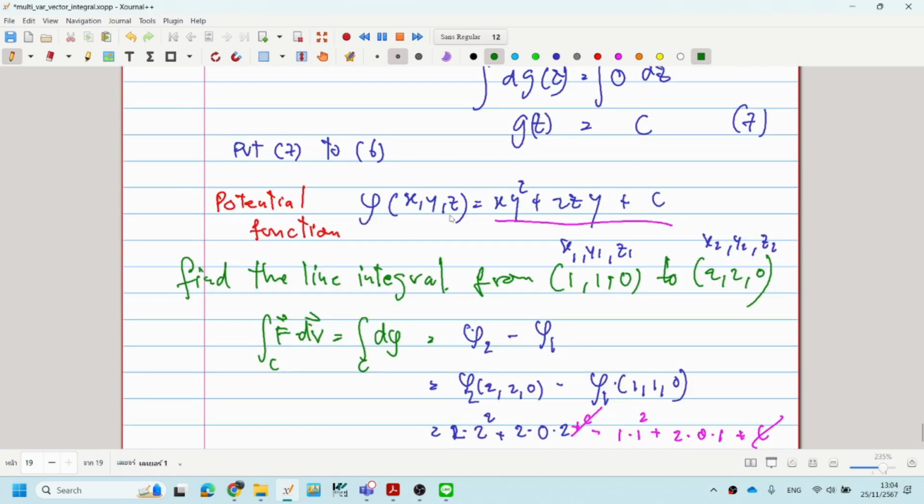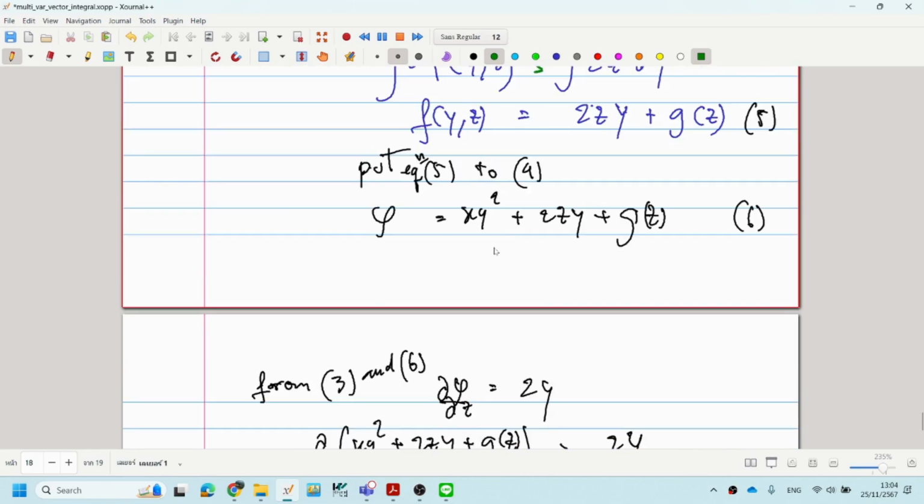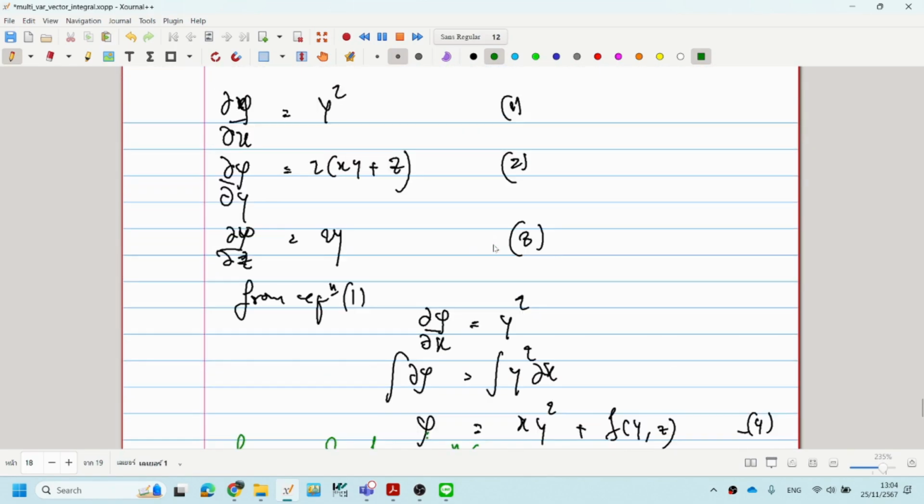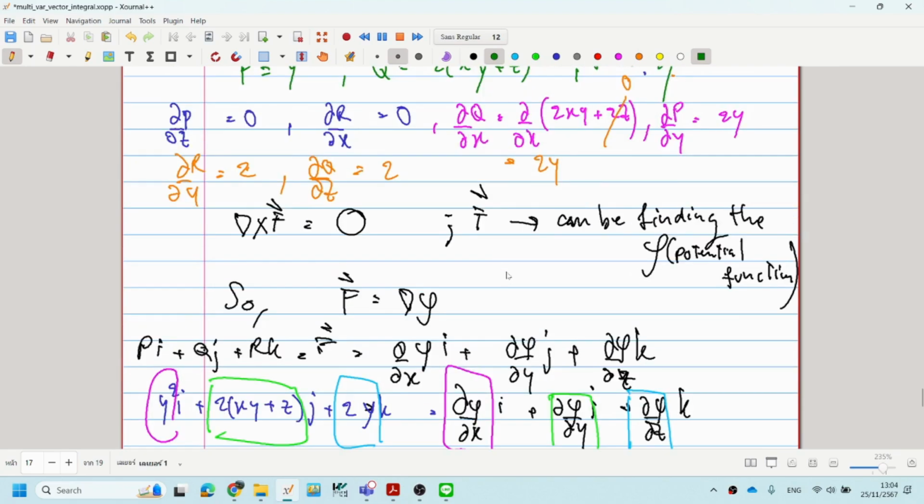After you prove del cross F equals 0, and the curve vector dot dr equals the exponential function, that means you only care about the endpoint minus the start point.